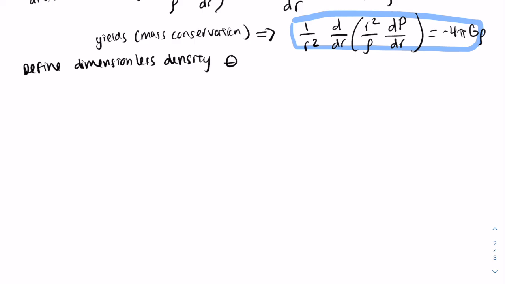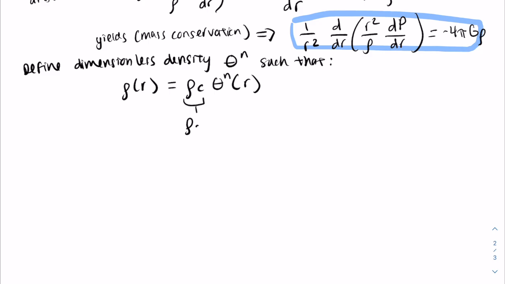And we'll call this dimensionless density theta. And we're using here the same polytropic index n that we used before. So this dimensionless density is going to tell us how the density at some radius of our star or object, but I'll probably just say star because that's usually what polytropes are used for.